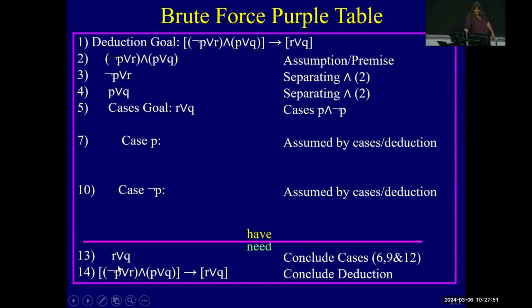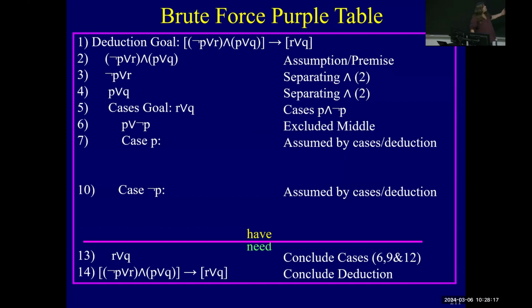And then I wrote down here that we're going to conclude by cases, but we don't really have this yet. We still have to get this in both cases. To prove by cases, you need three things: you need the two cases, and you need to say what your cases are.